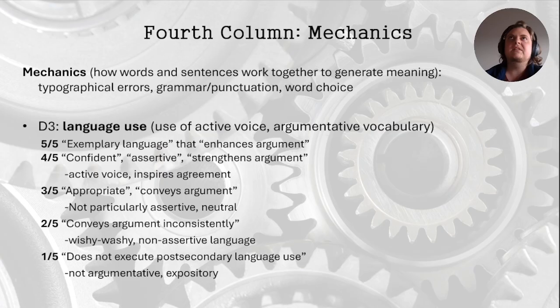Whereas if you use less clear vocabulary or perhaps confusing sentence structure, that lack of clarity can make your language convey your argument inconsistently. Hopefully that makes sense. I will try to talk about the active and passive voice when I talk about formal language as well.